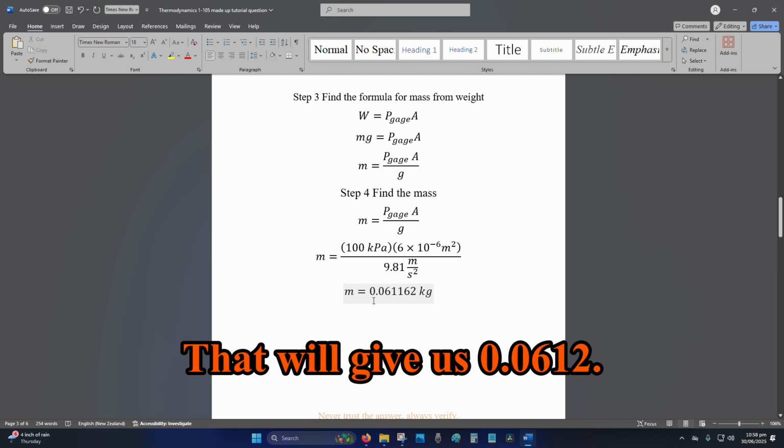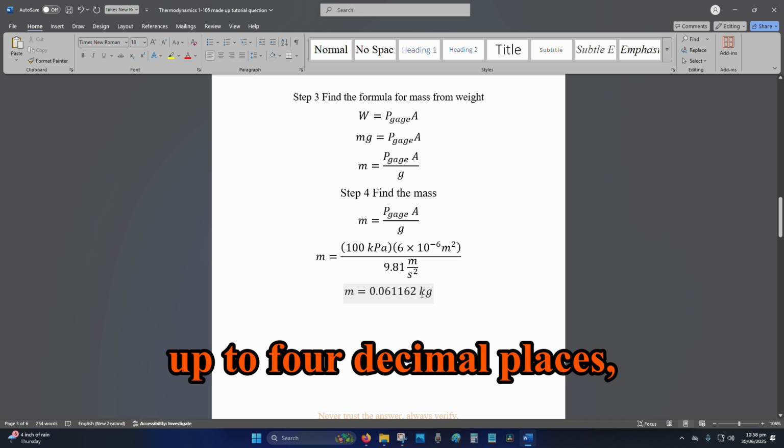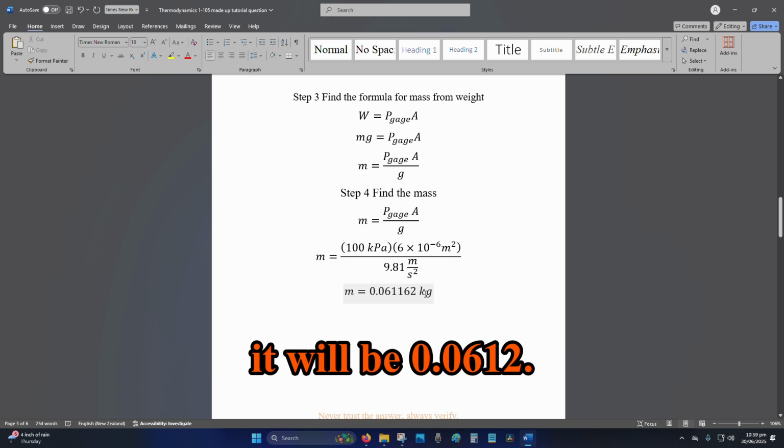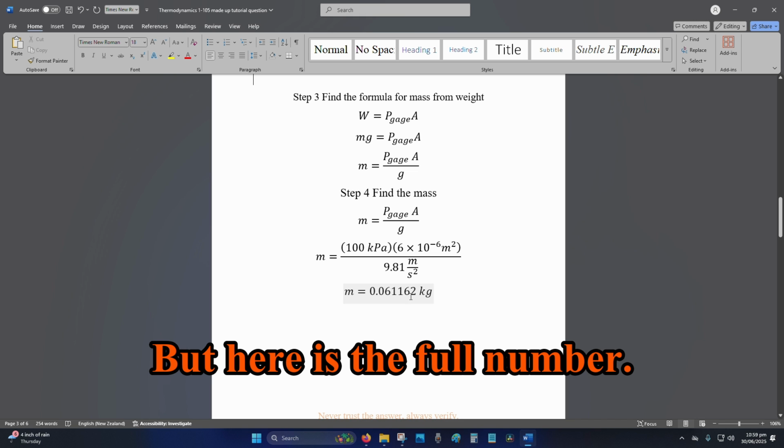That will give us 0.0612. Wow, yes, if you round that up to 4 decimal places, it will be 0.0612. But here is the full number.